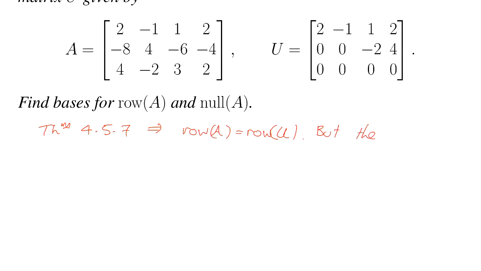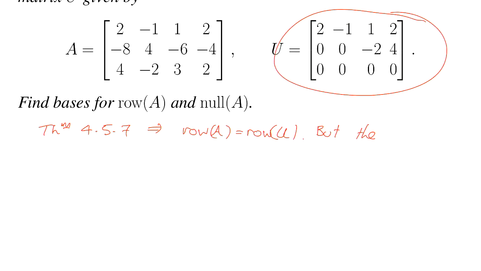If you stare at the U, the row space of U is the span of its rows. Obviously we don't need to include the row of zeros because that's not going to contribute anything to the span, and you also can't have an independent set that has a 0 vector in it, because you can multiply the 0 vector by anything you like and you still have the 0 vector.